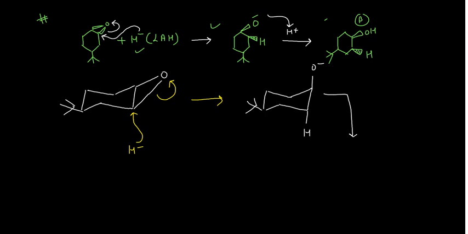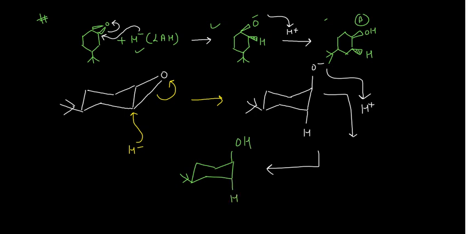And then if you do the protic workup, say you are having the H positive over there, so this will grab this, and when this grabs this, you will have the product. And what product can you have in that case? The product would be just like that. So this is tertiary butyl, this is OH, and this is H.